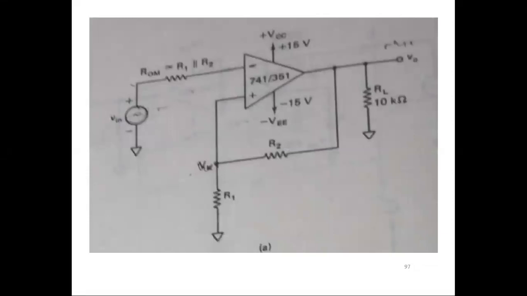In the non-inverting amplifier, what happens? Plus will go here, minus will come here. In the Schmitt trigger, plus will be here and minus here. That's all. Now we'll see the operation later. First, I'm trying to compare this with a non-inverting amplifier. Non-inverting amplifier plus here and minus here. Schmitt trigger plus here and minus here.